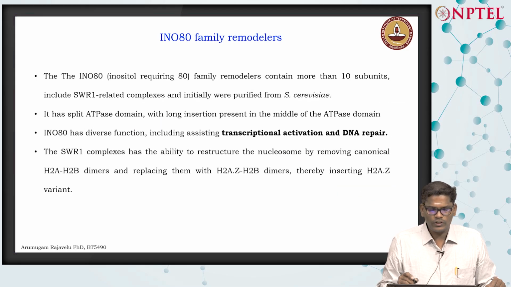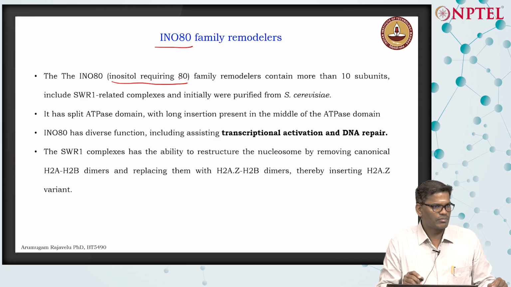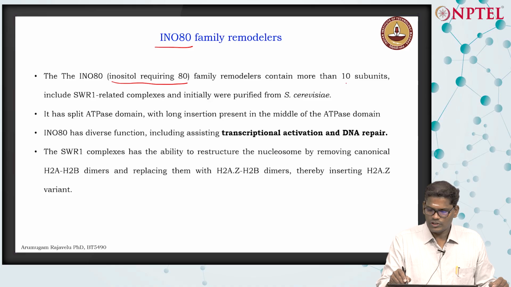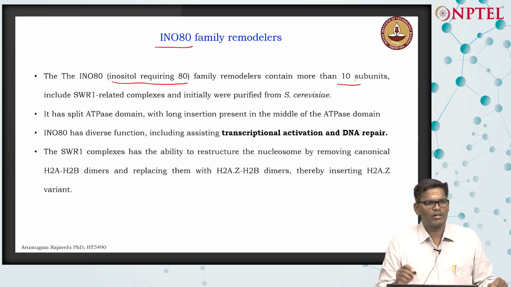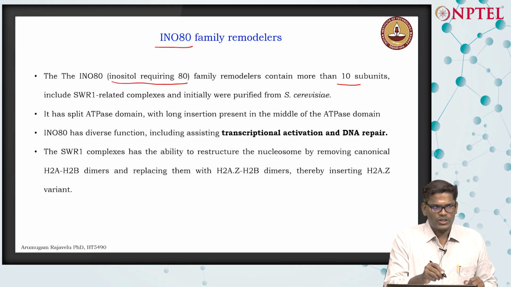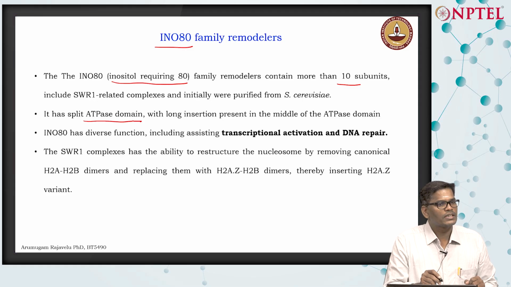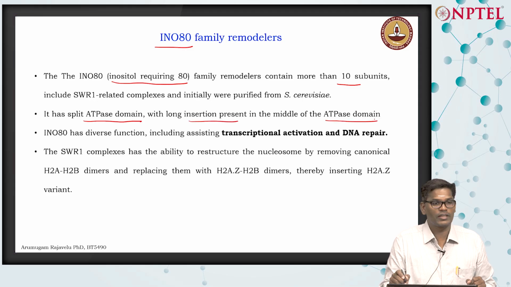The fourth family, INO80, that is the inositol requiring 80. This is based on, again, gene knockout studies in Saccharomyces cerevisiae, which also carries nearly 10 subunits. These are all multi-protein complexes, all the families. The unique feature, as I said, is that the ATPase domain of these remodeling complexes is split with a middle insertion sequence, which separates the ATPase domain.